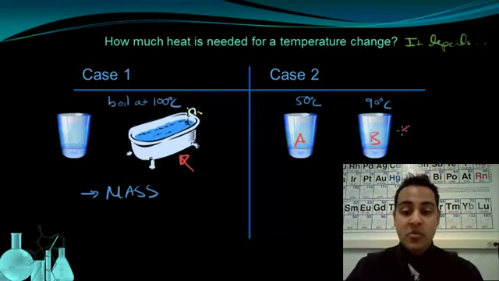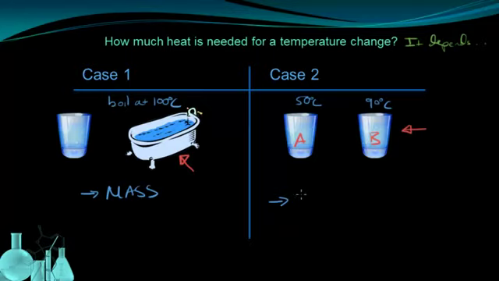And again, most people would pick cup B, because that answer makes sense. I have to do a greater temperature change, so I should have to add more heat to cup B. So for this case, we could say the amount of heat needed to change the temperature depends on the degree to which, or how much, you want to change the temperature by. So how much the temperature changes by.